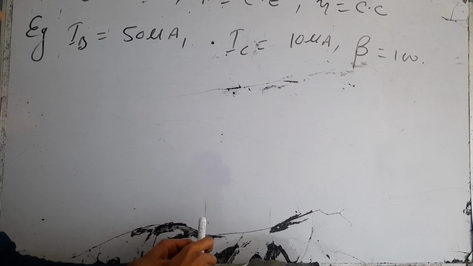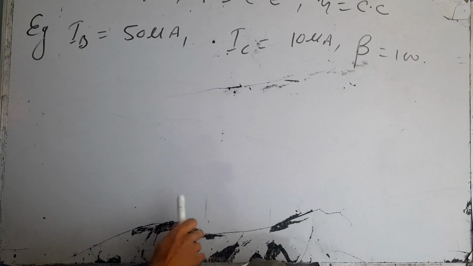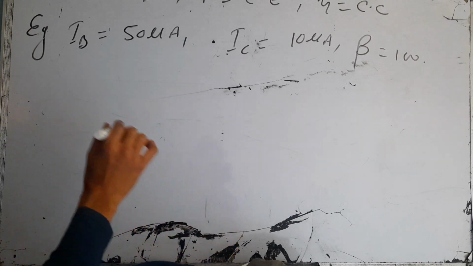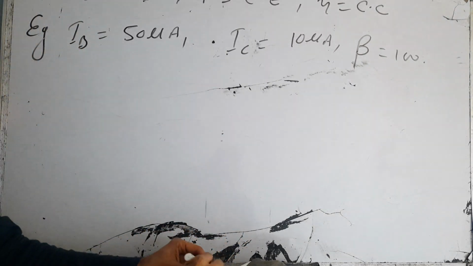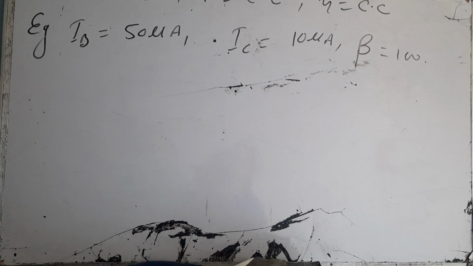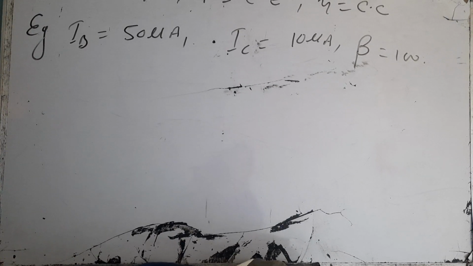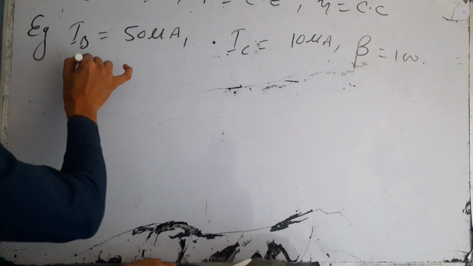So you have to find alpha, beta, gamma. Calculate beta. Second, calculate emitter current.